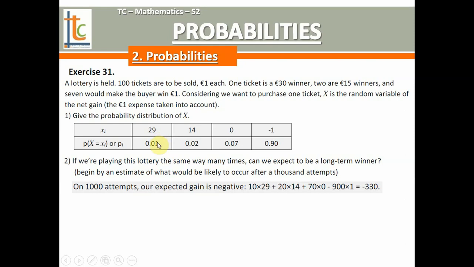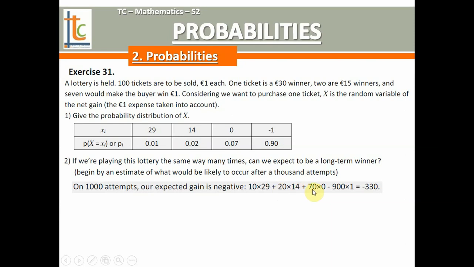If you've got a 1% chance to win €29, if you try this game 1,000 times, you can forecast to win 10 times. 10 out of 1,000 is 1%. So you can expect to win 10 times €29. Besides, you can expect to win 20 times €14.